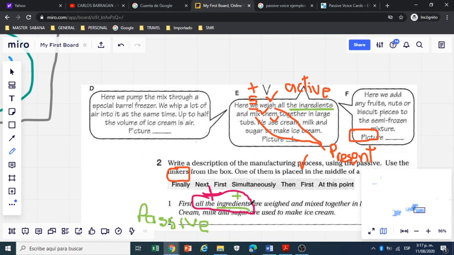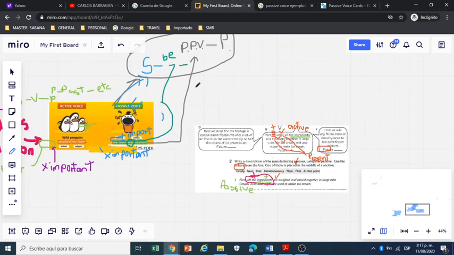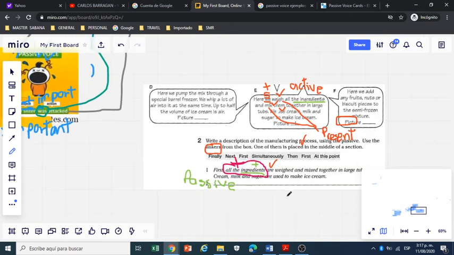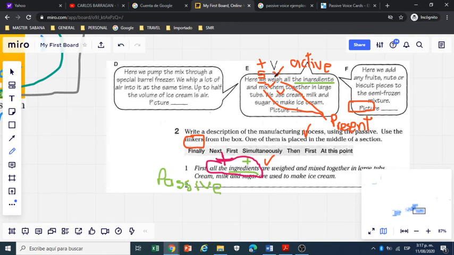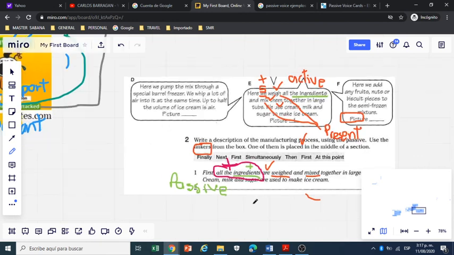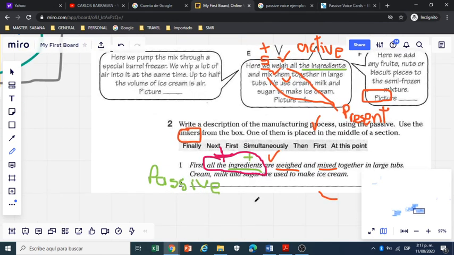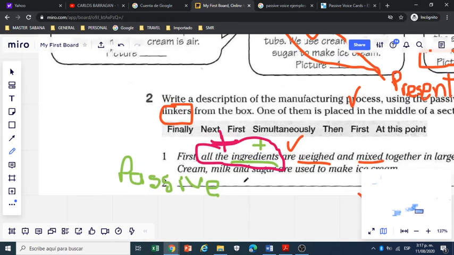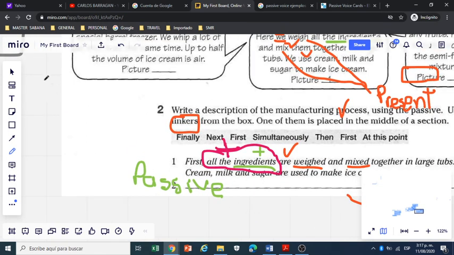Let's check the example. The ingredients are, this is the verb to be in present, and then according to our structure we need a past participle of these verbs. Weigh, weighed, regular verb. Mix, mixed, regular verb. Together, in large tubs. Now the second part of the sentence: cream, milk and sugar.